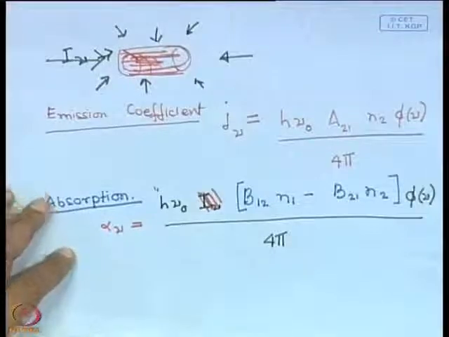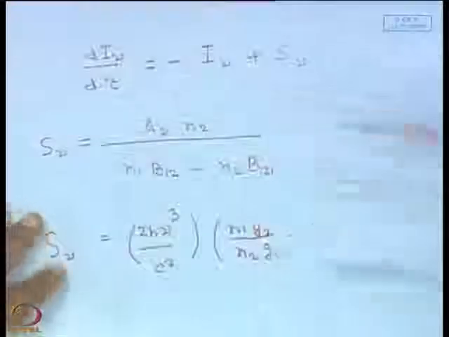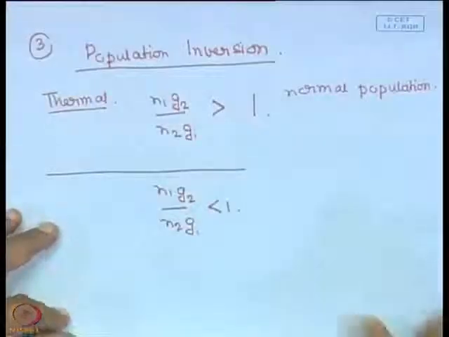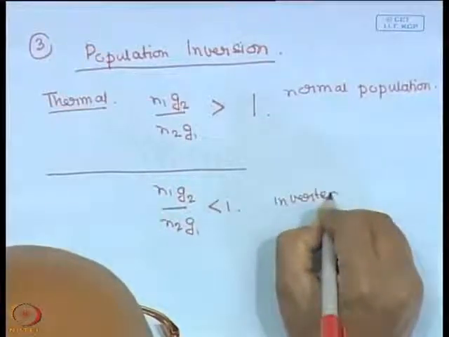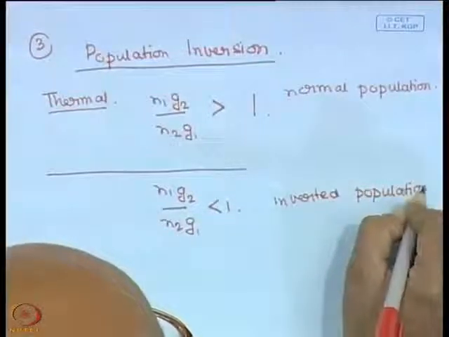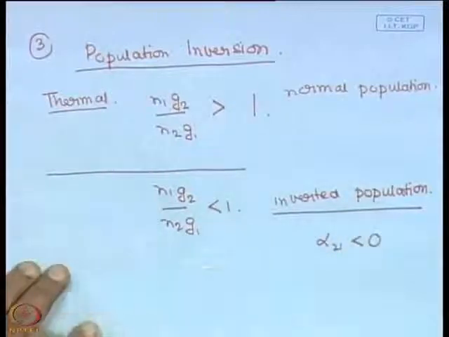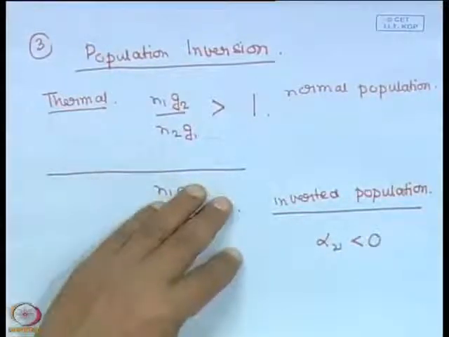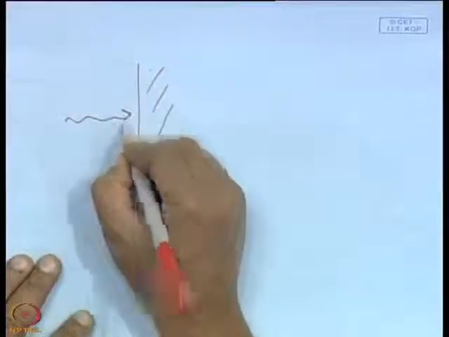So, my optical depth actually decreases as I go further along my system. This is called an inverted population, where alpha is less than 0. This is my medium, and this is some radiation incident on the medium.